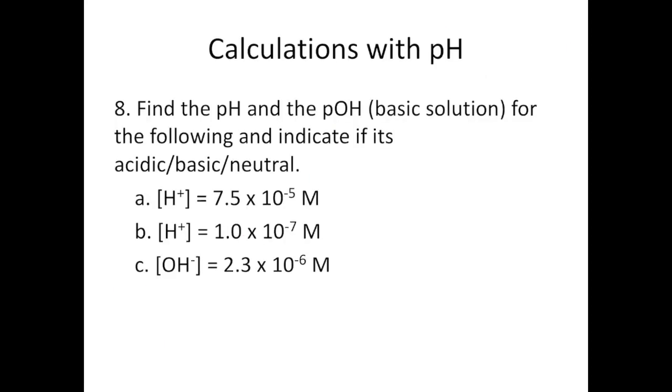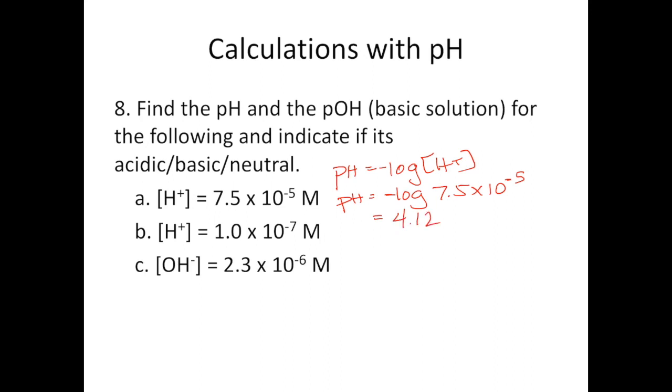Okay, so we want to find the pH and the pOH for the following and indicate if it's acidic, basic, or neutral. We are given the H+. So if I want to find the pH, remember that pH is the negative log of my H+ concentration. So I plug that into my calculator, and I'm going to say pH equals negative log of 7.5 times 10, and remember, on your calculator, you're going to use the E button, to the negative 5.